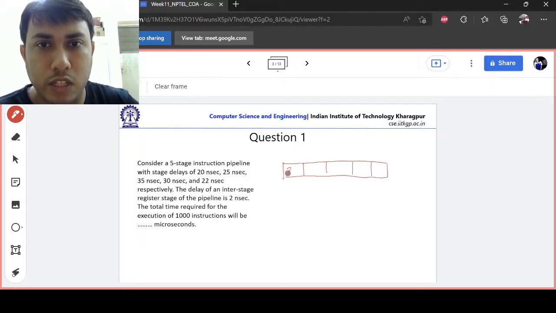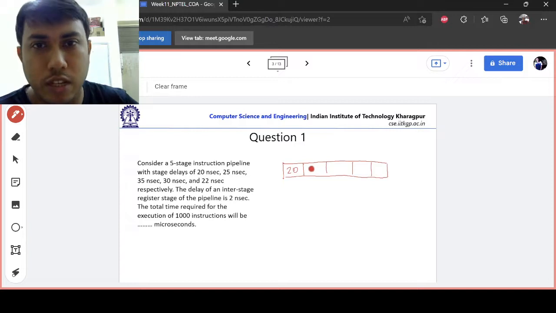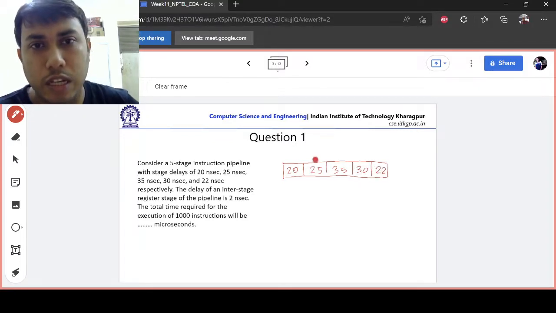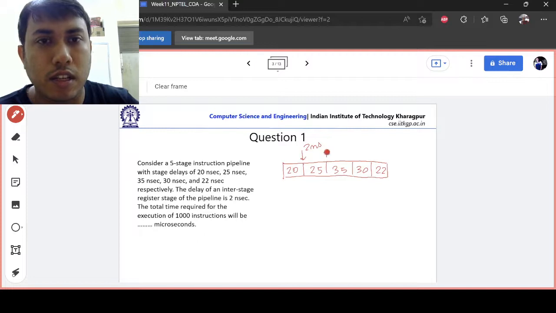The first stage takes 20 nanoseconds, the second stage 25 nanoseconds, then 35, 30, and 22. Other than that, between every stage, there is a delay of 2 nanoseconds.